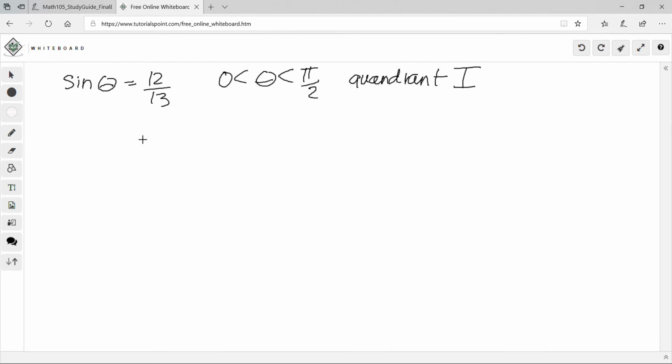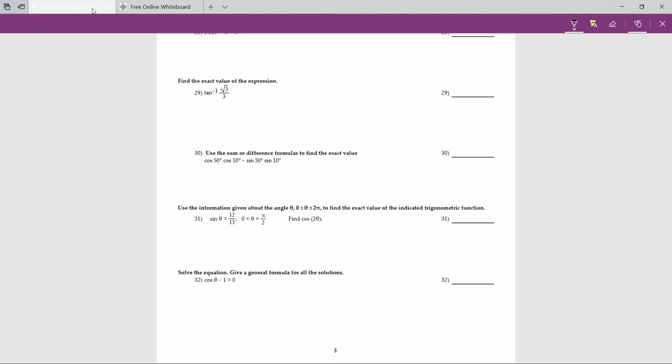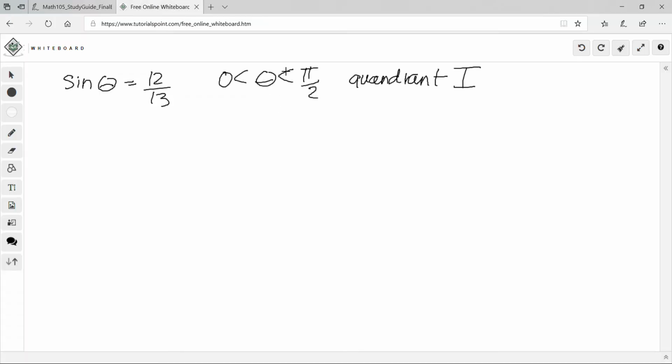So first, what are they asking? They are asking, find cosine 2 theta. First, I'm going to draw the triangle.